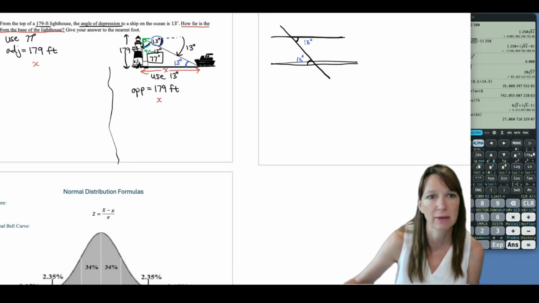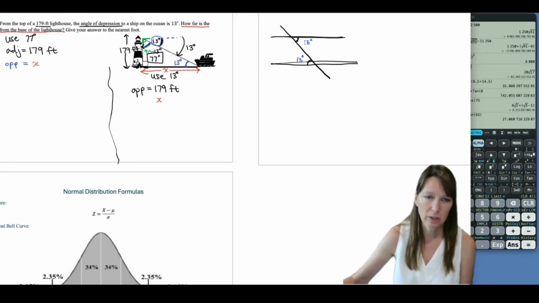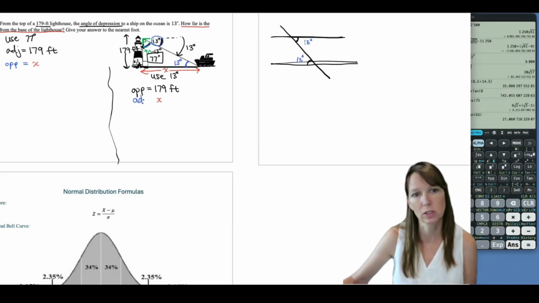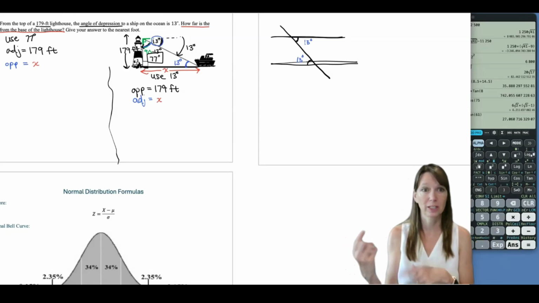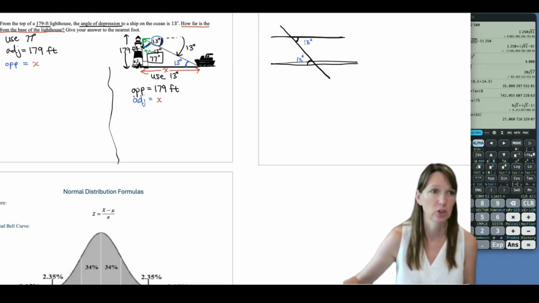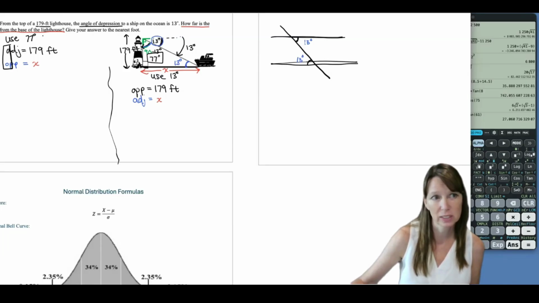So if I'm using this 77 up here, then X is opposite. Whereas if I'm using the 13 degrees, then X helps form the 13 degrees, so it's the adjacent. So those two just flip-flop whether I'm using the 77 degrees or the 13 degrees. Beautiful thing about math is they will both work out to be the exact same answer, and I'll show you that.